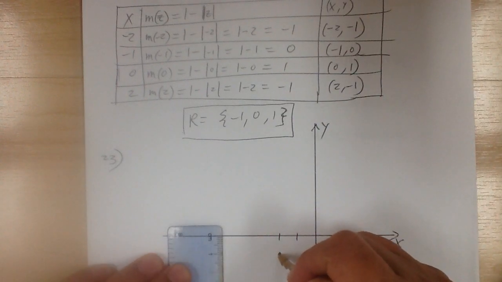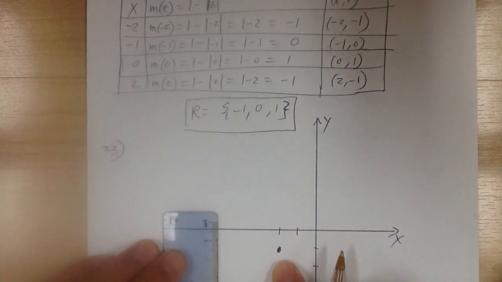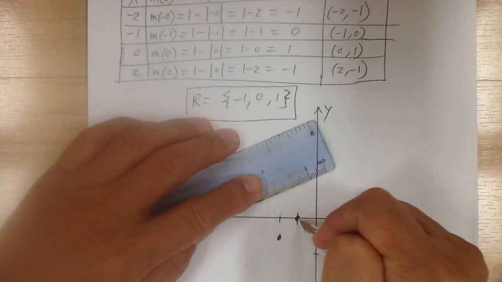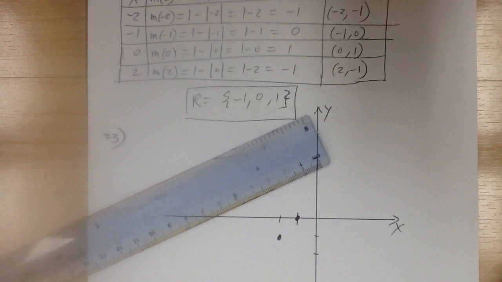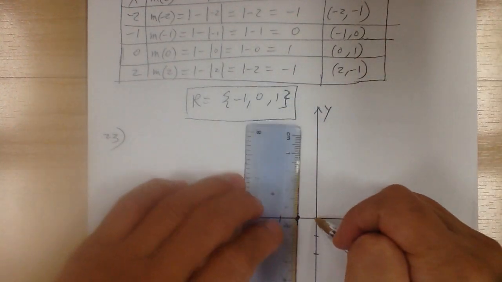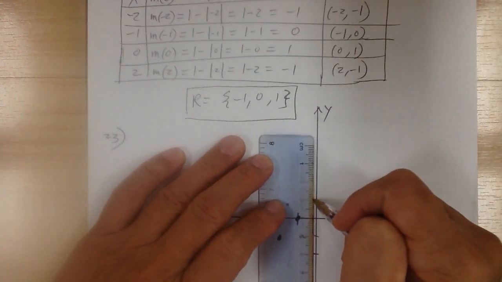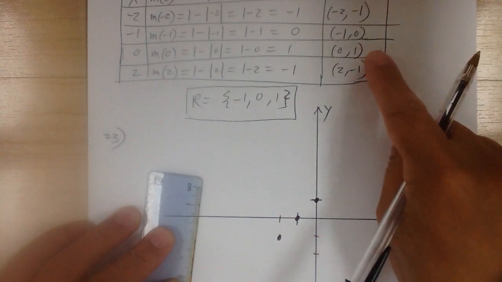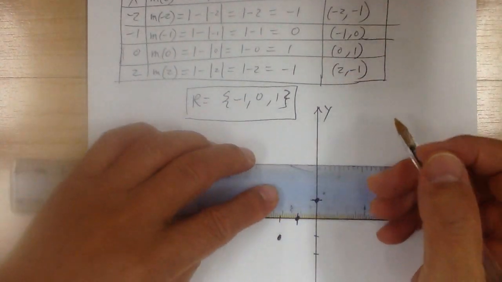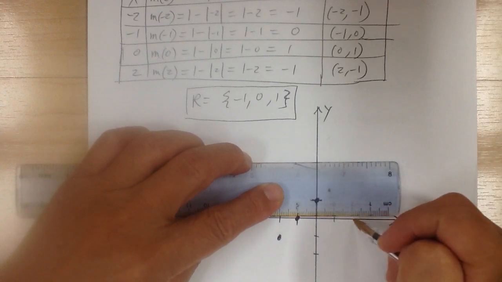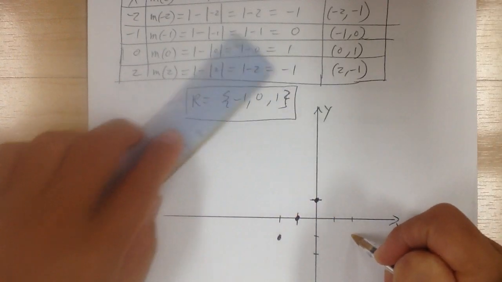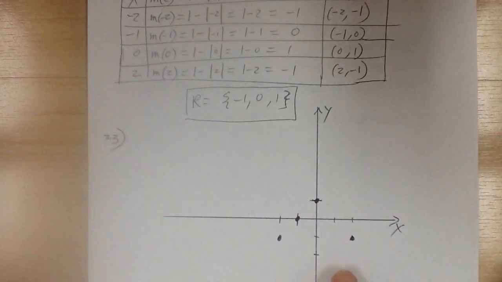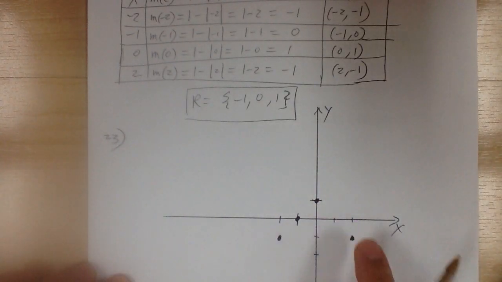So negative 2, negative 1 is right over here. Okay. Then you got negative 1, 0. So negative 1, 0 is going to be right over here. And then you have 0, 1. So 0, 1. And then you have 2, negative 1. Okay. So that's it. So those are your points.